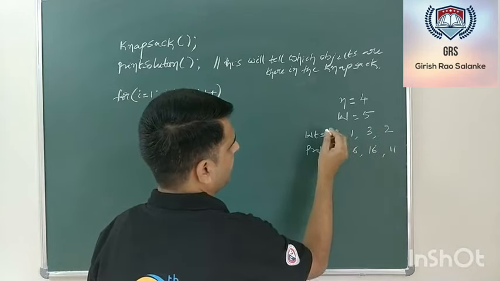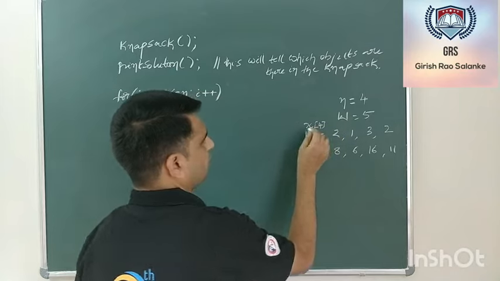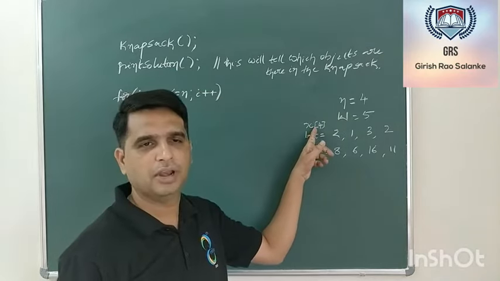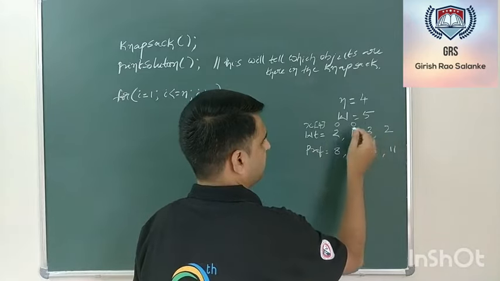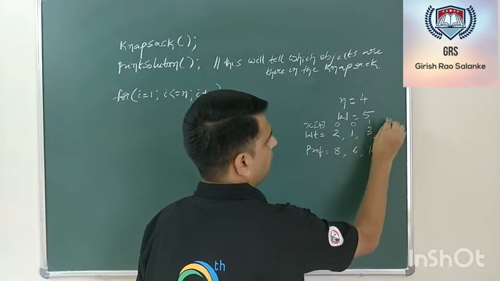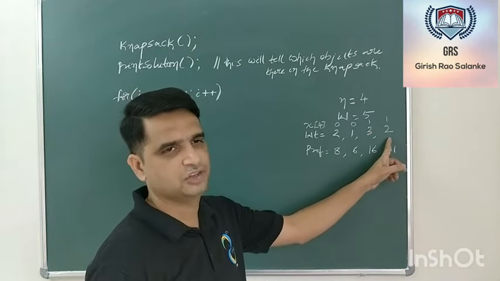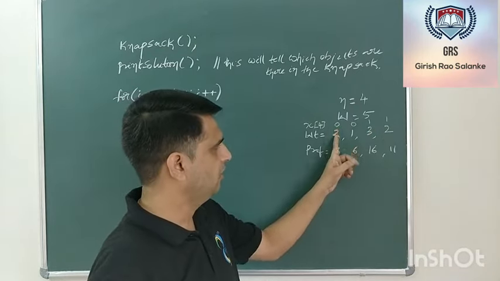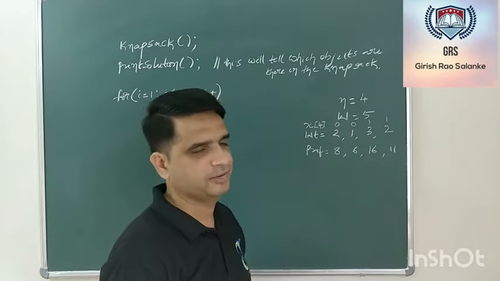What we will do is we will keep an array by name x. If you do remember, I have declared a global variable by name x. Now this x will have 0, 0, 1, 1 after solving. What do this 1 and 1 imply? It implies that the third and the fourth objects need to be included. This 0 denotes that the first object and the second object are not included onto the knapsack.